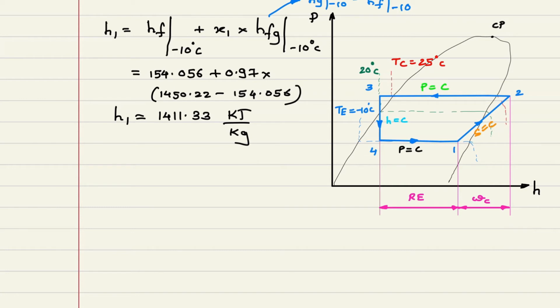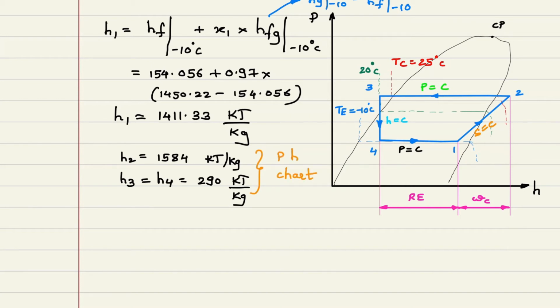H2 is equal to 1584 kilojoule per kg, and H3 equal to H4 is equal to 290 kilojoule per kg. These two values we have got from the pH chart. The H1 value we calculated from the table.